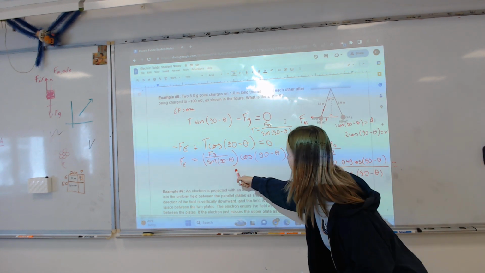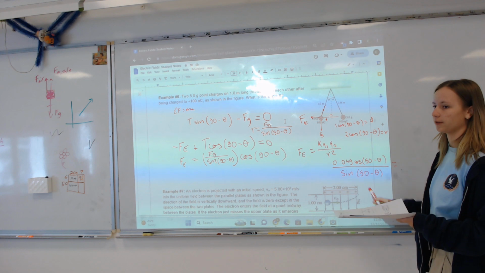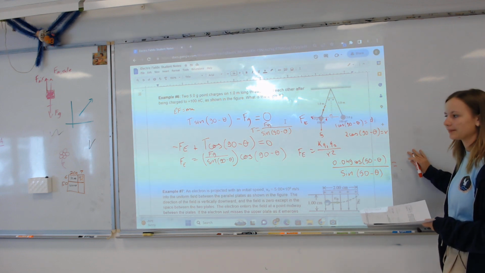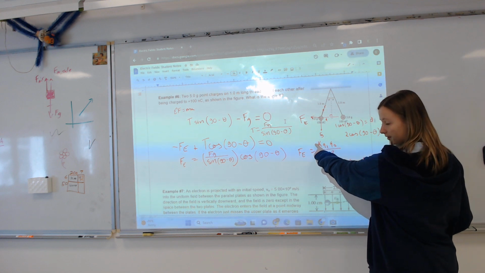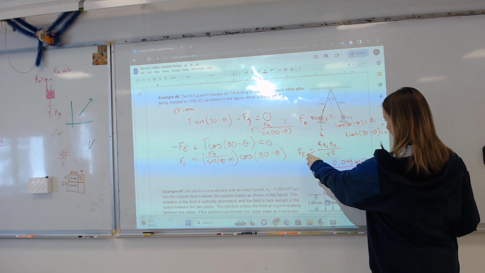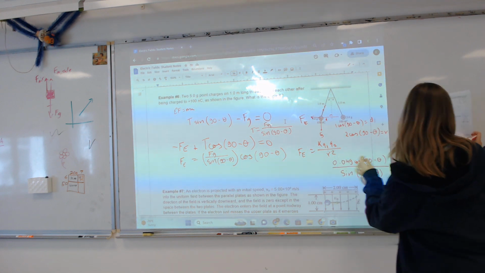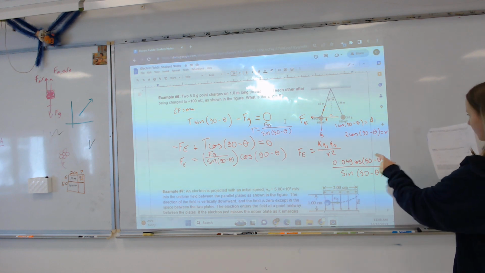This is this one. And then I plugged in this for Fe. Yeah? Yeah, okay. So I plugged in the values for this, and then I had an equation.